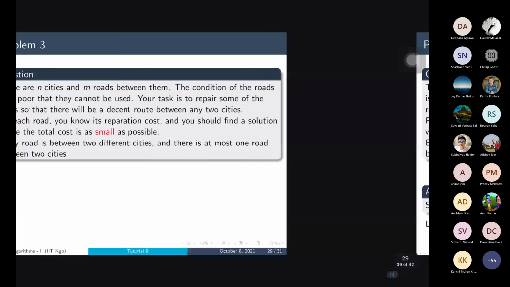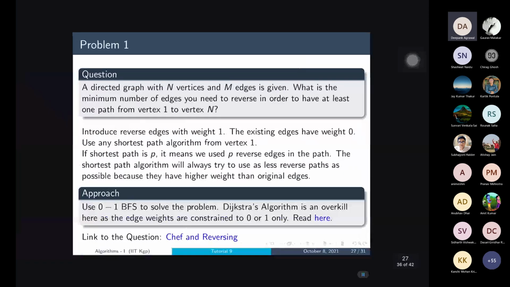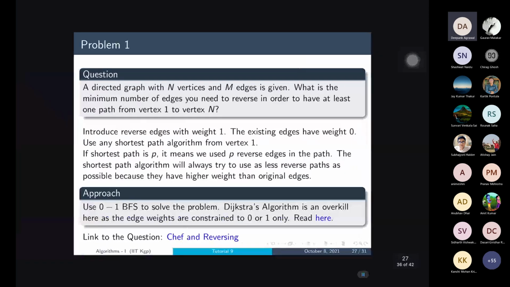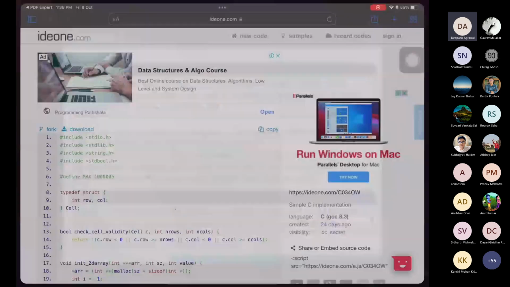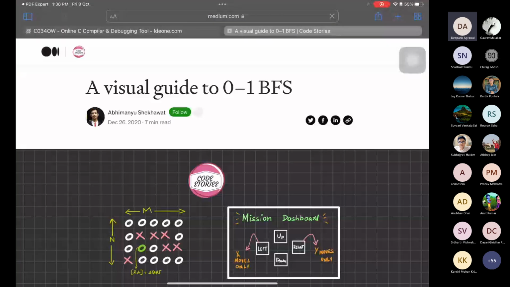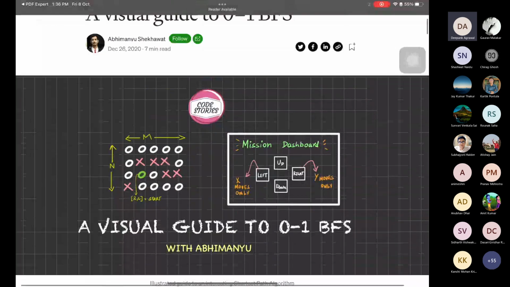I don't think 01 BFS is covered in the class, is it? 01 knapsack was covered, but 01 BFS is not covered, right?